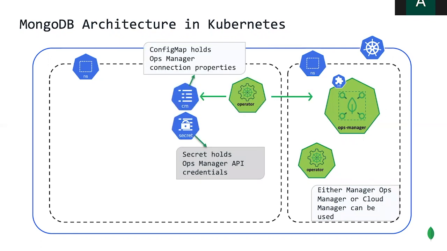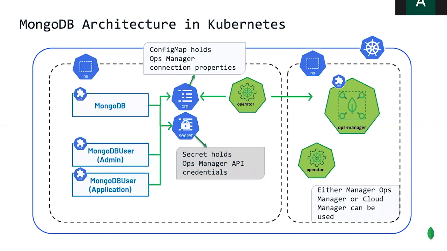The first thing we'll do is deploy our operator. The operator needs to have access to a config map and a secret. The config map just holds the connection string to Ops Manager and a couple of properties as well. And the secret obviously holds the API key so that the operator can connect to Ops Manager. Once this is up and running, we can start deploying MongoDB services.